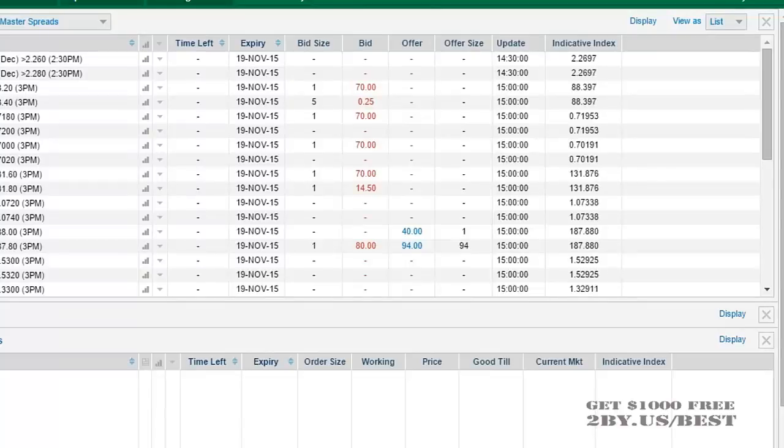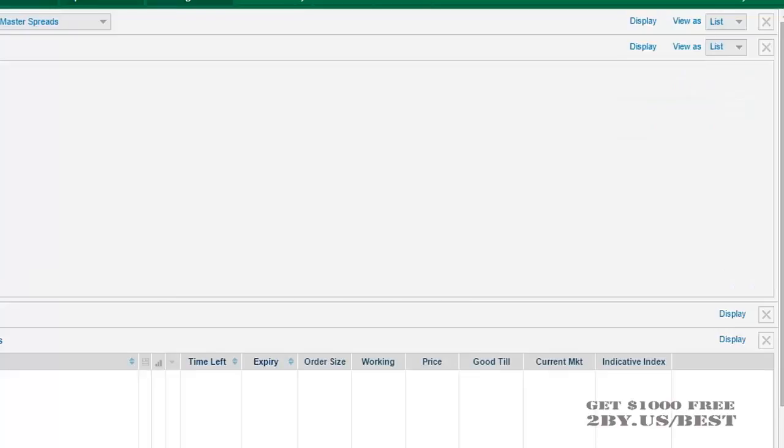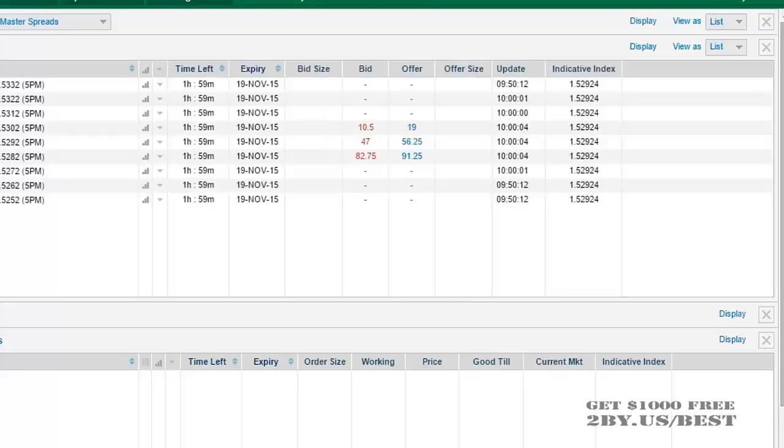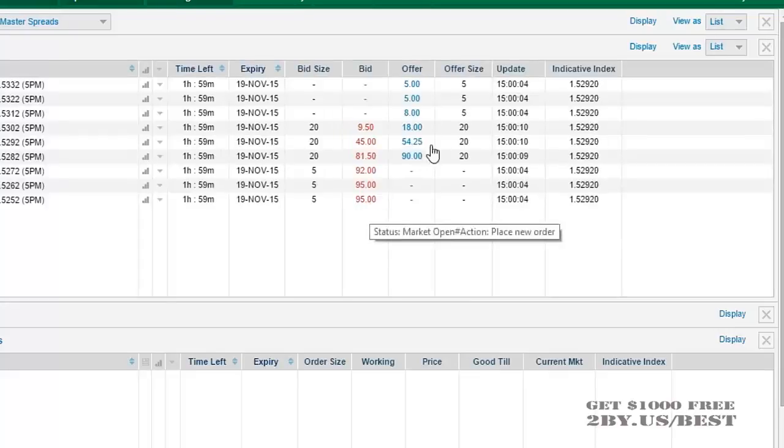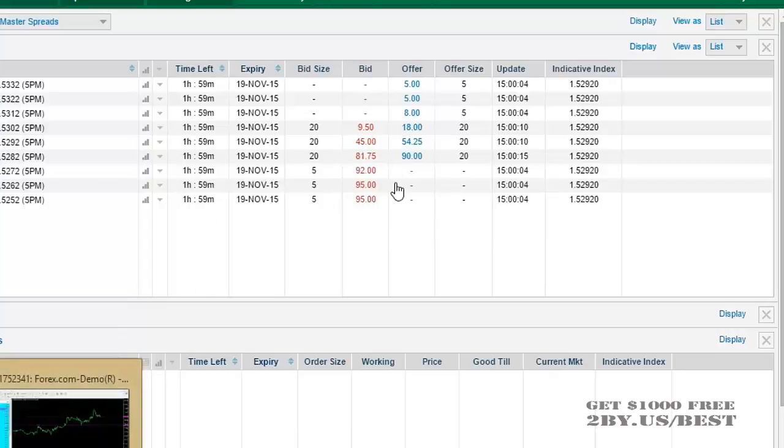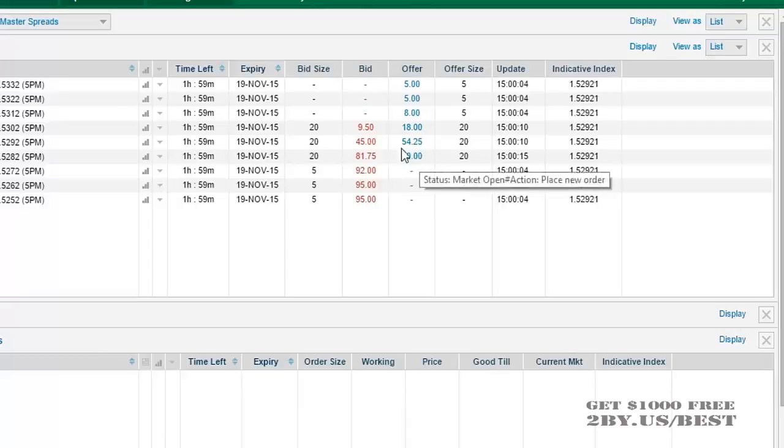and it's currently 3 p.m. right now. Not the best time to be trading, but I'm going to go ahead and just select an expiration for 5 p.m. Okay, just as an example. So that's about 2 hours out. And I'm just going to look for a strike that's currently in the money.